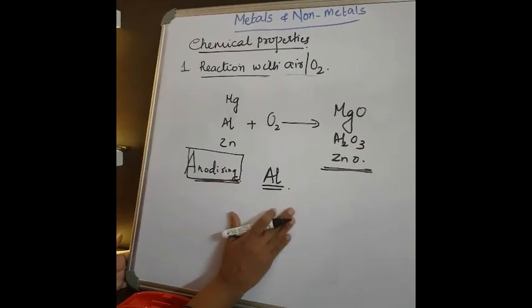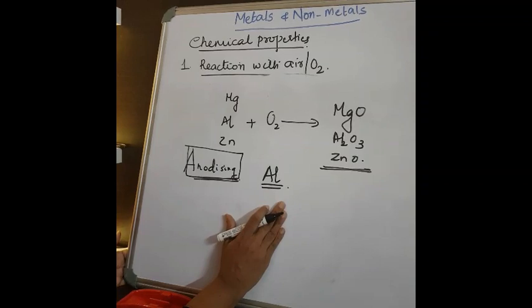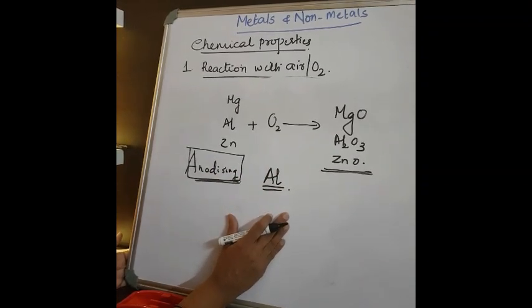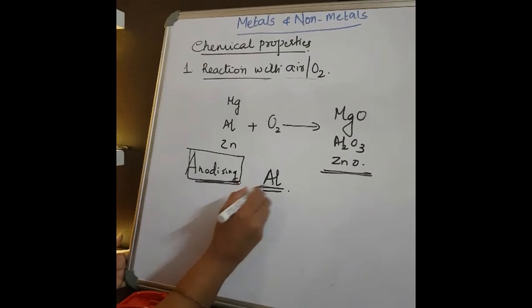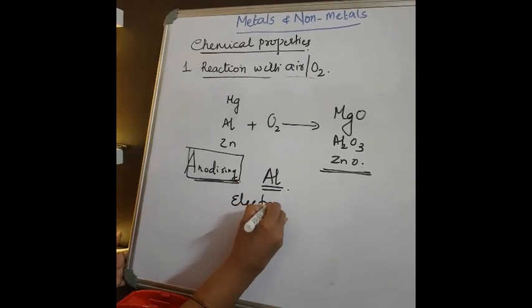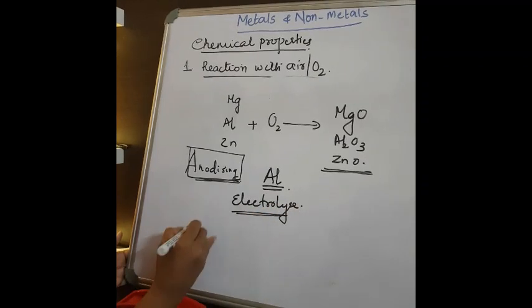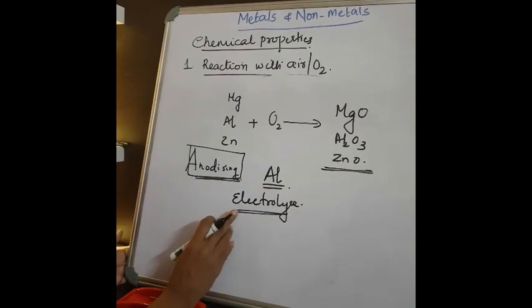What you do is take a clean aluminium metal, whatever it may be, and then you have to electrolyze it. You have studied electroplating etc.